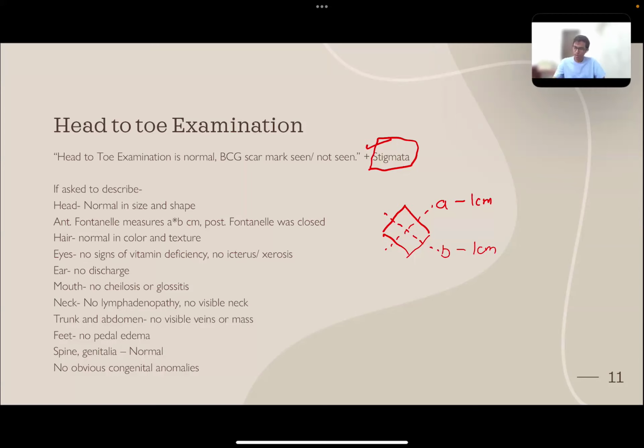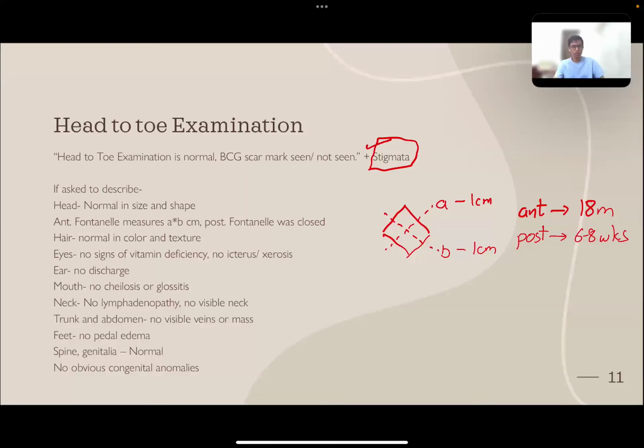What is the normal age at which the anterior fontanelle closes? So it closes around 18 months of age, and the posterior fontanelle closes around 6 to 8 weeks. Then hair is normal in color and texture.